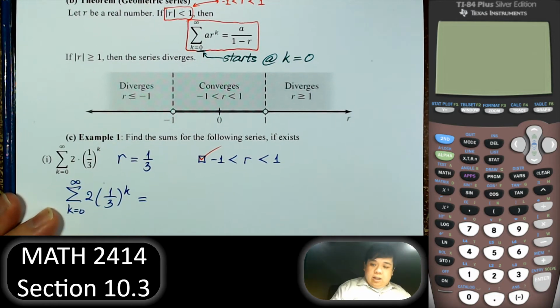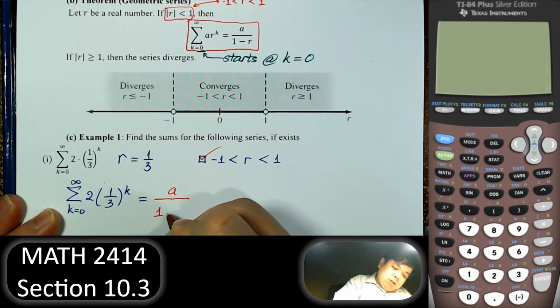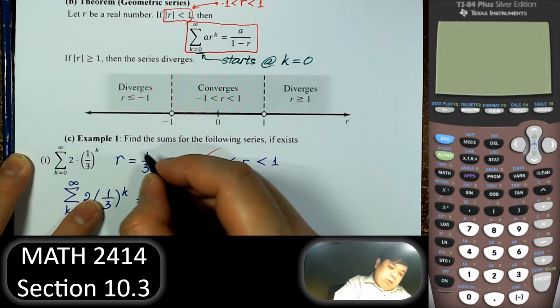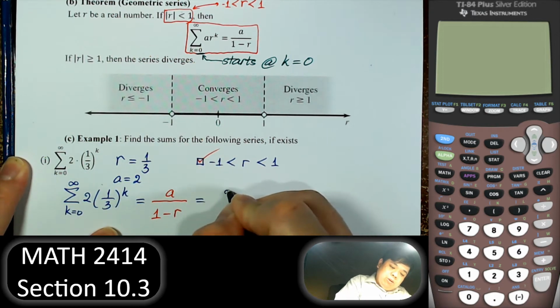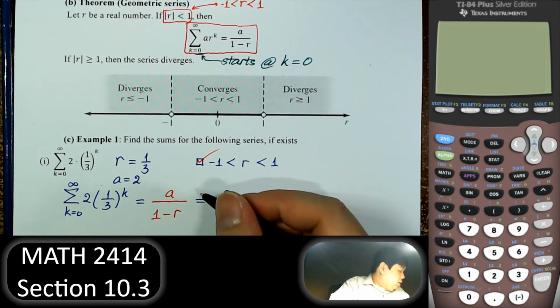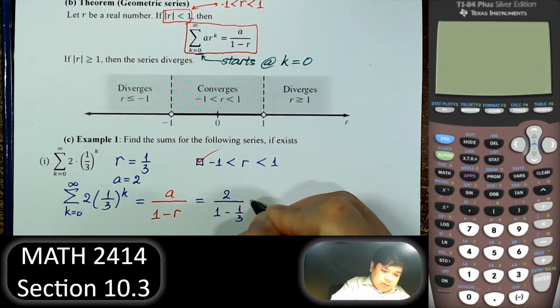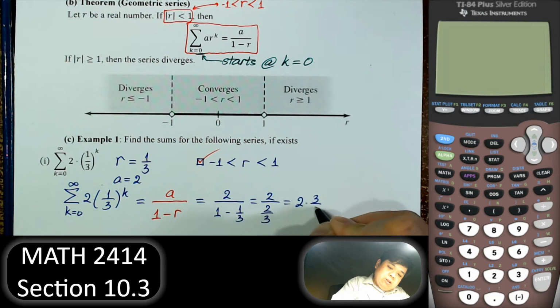The formula is a over 1 minus r. r is 1/3 and a is equal to 2. So we have 2 over 1 minus 1/3. 1 minus 1/3 is 2/3. Dividing by a fraction is multiplying by the reciprocal. So we have 3.